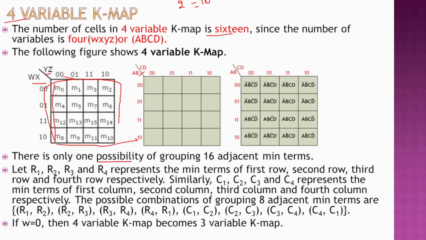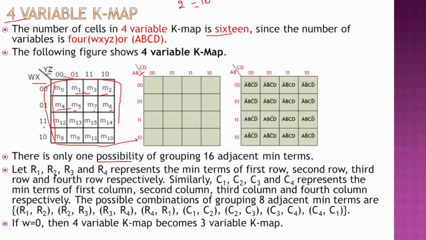You need to mention M0, M1, M2 and M3 as we do in the 3 variable K-map and 2 variable K-map. The second row is filled with M4, M5, M6 and M7.